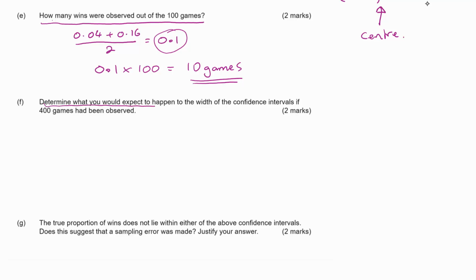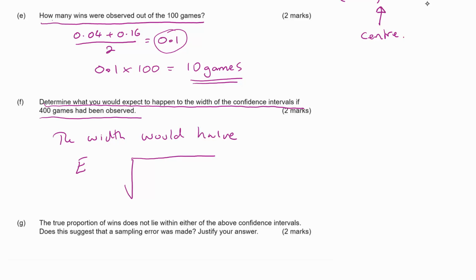Determine what you would expect to happen to the width of the confidence interval if 400 games had been observed. So the width would halve. Now, why would that happen? Well, think about the calculation of the margin of error E. It has n on the bottom here.